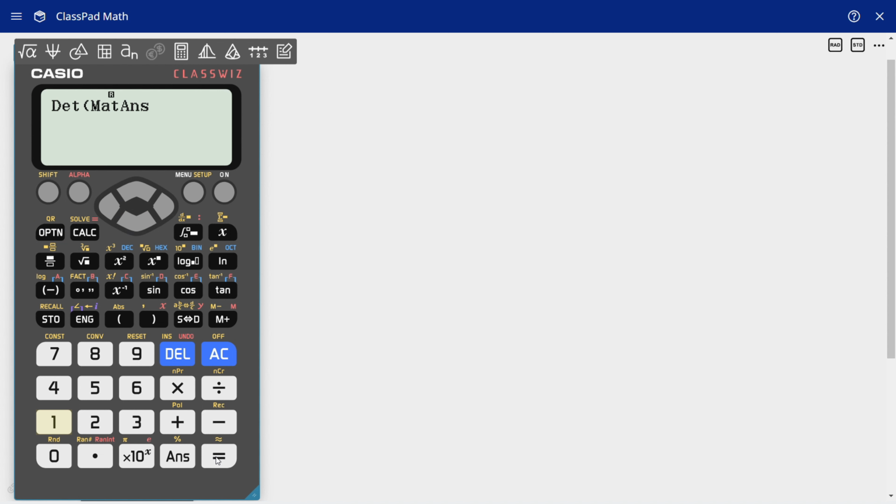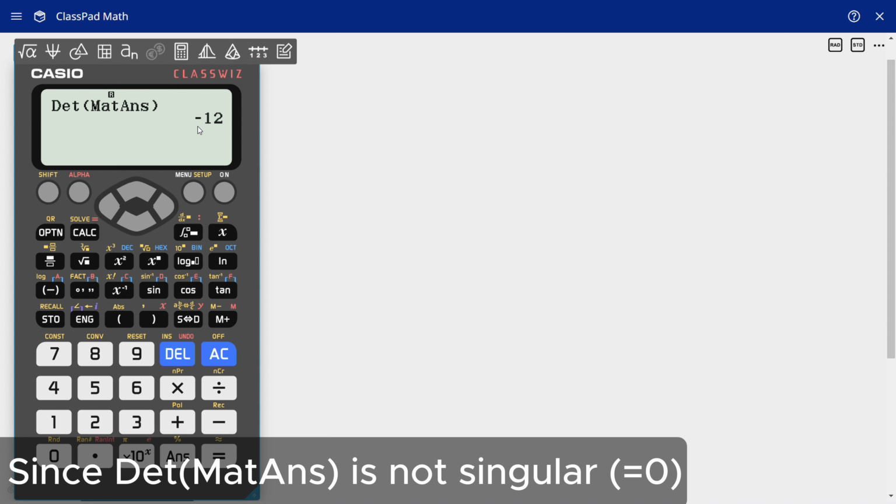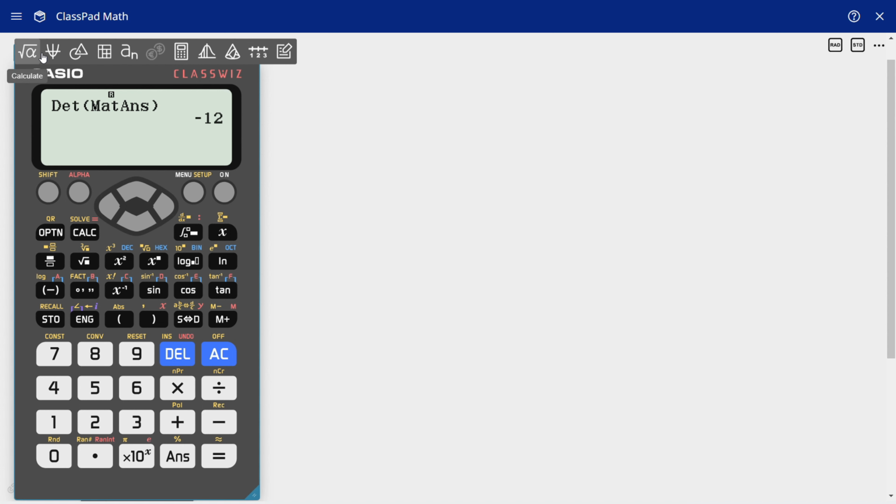So determinant of, let's do the answer matrix, and then it'll give us the answer, which is minus 12. So the answer matrix, which we calculated, which was double of the matrix A that I put in, gives me a determinant of minus 12, which means that there is an inverse matrix for this answer matrix and also probably for just matrix A.